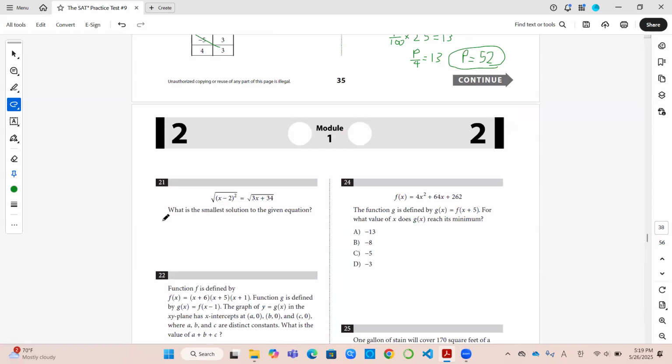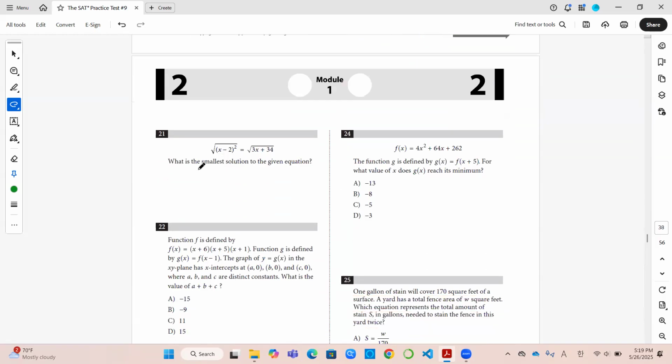Okay. Question number 21. What is the smallest solution to the given equation? All you got to do is let's take out the roots. Let's say x minus 2 squared is equal to 3x plus 34. So x squared minus 4x plus 4 is equal to 3x plus 34.